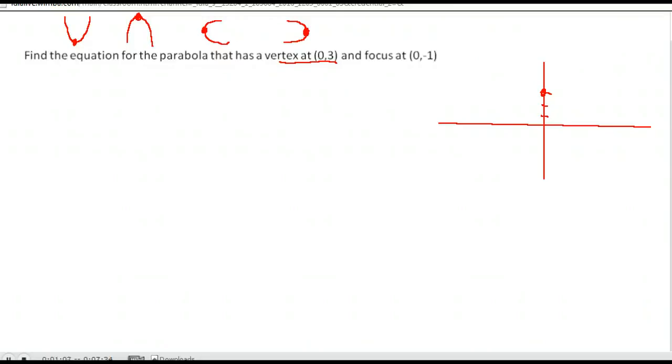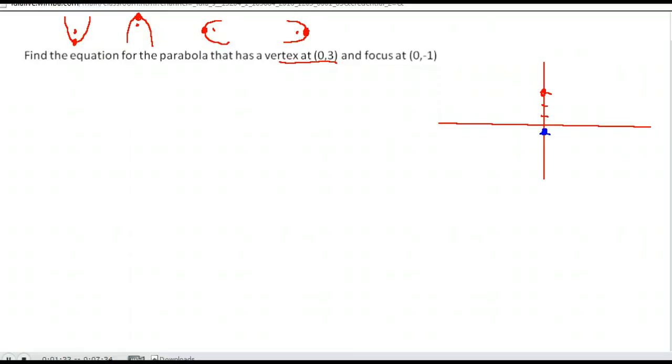Okay? The focus point is a specific point used to create the parabola, and it's inside of the parabola, always. So that would be the focus point. In this case, they say we have a focus point at 0, -1. I'll put the focus point in blue. Okay, so to this point, that's what I have for my picture.